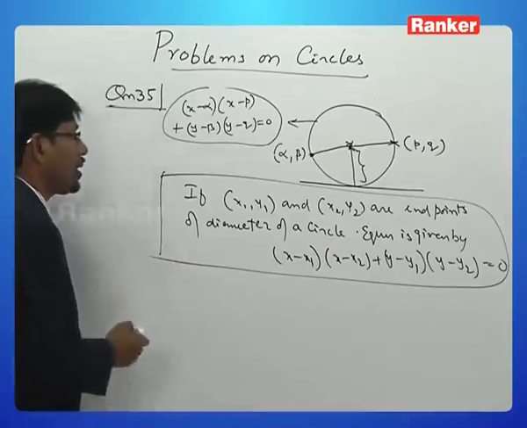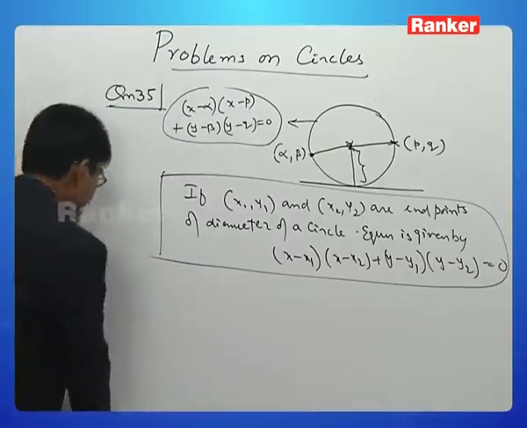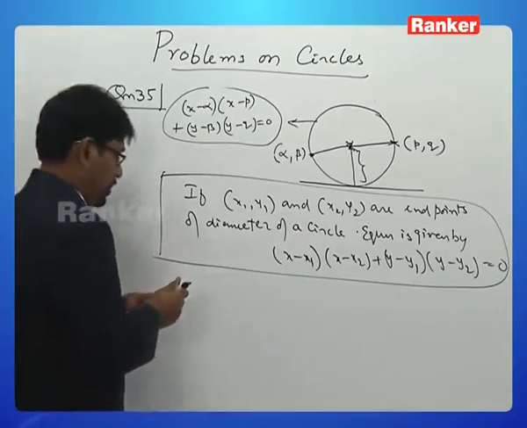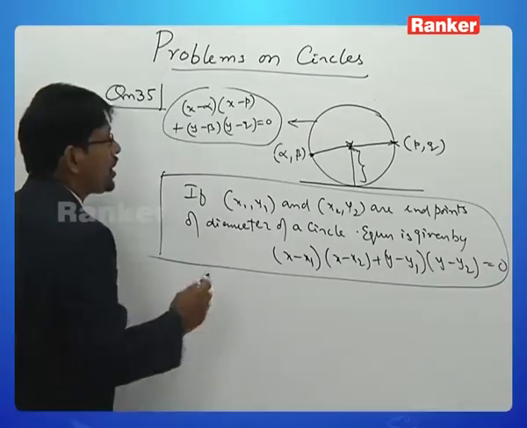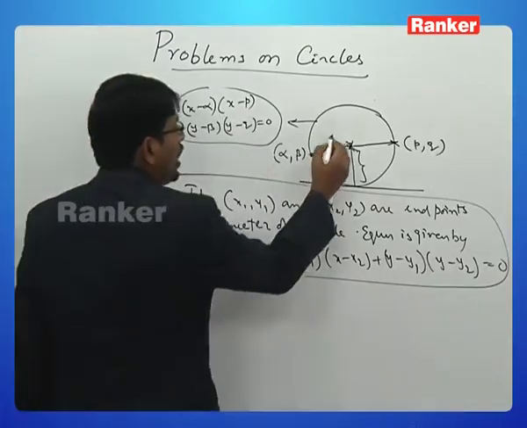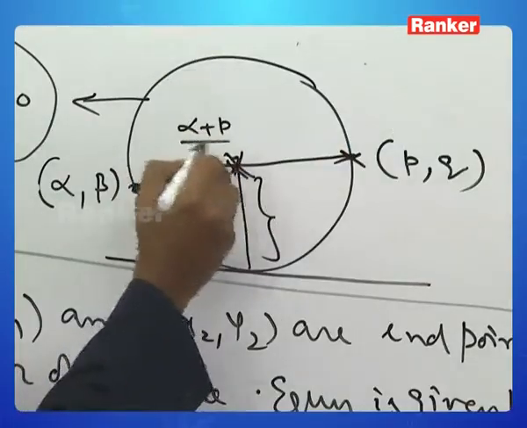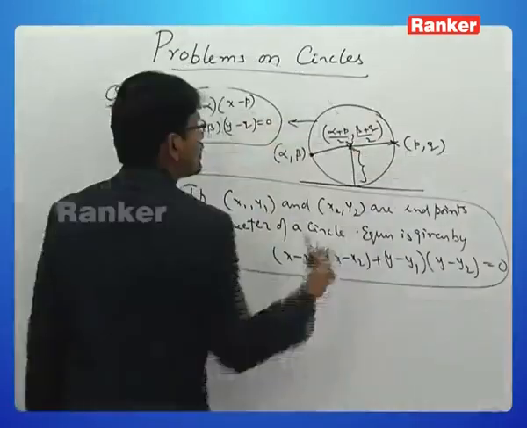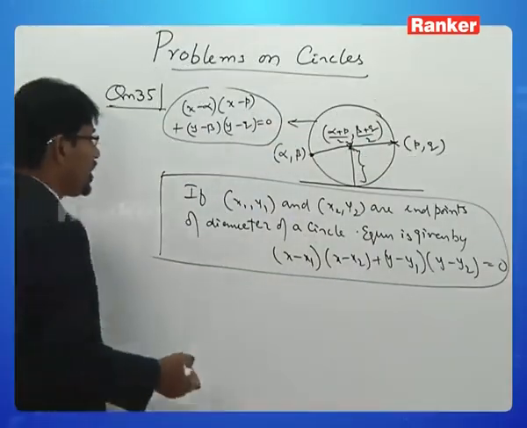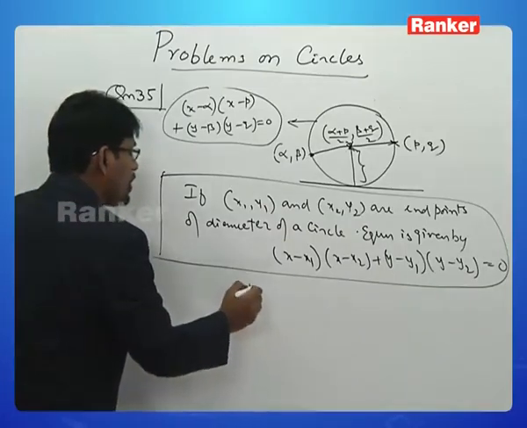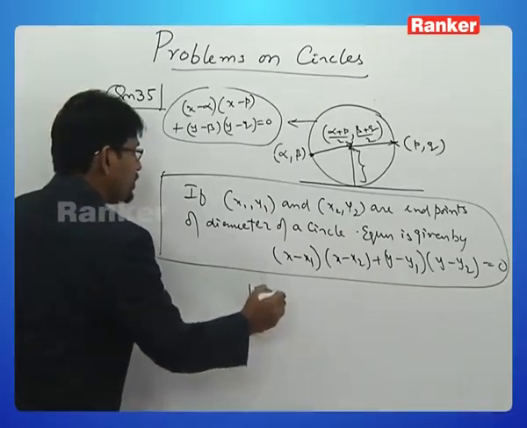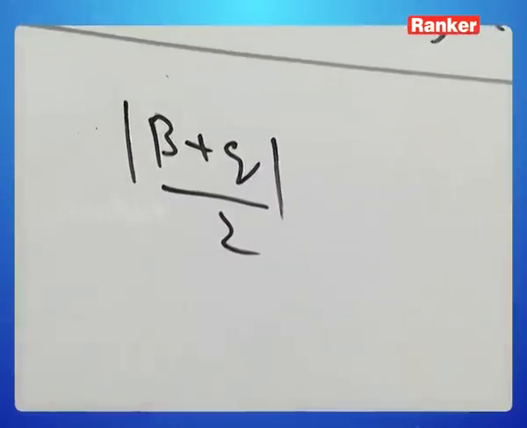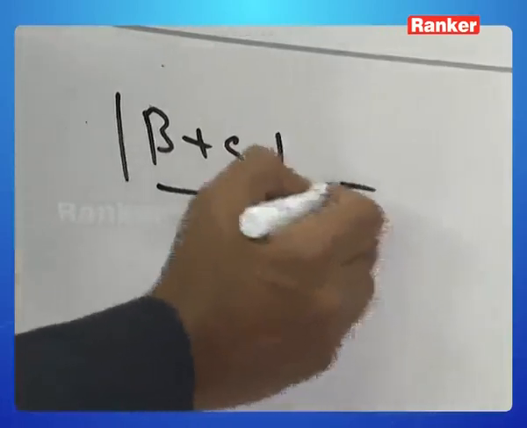Clearly, what is the center here? Alpha plus p by 2 comma beta plus q by 2. Now the modulus of beta plus q by 2 must be equal to, I'll say, the radius.